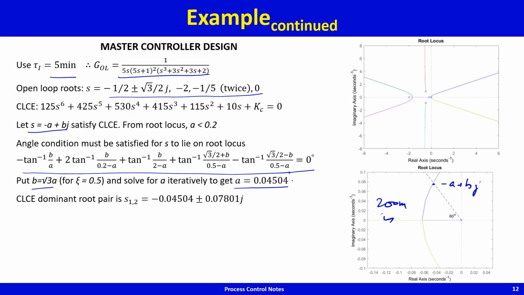The closed loop dominant root pair corresponding to a closed loop damping coefficient of 0.5 then is this chap, where this number is square root 3 times this number, and by magnitude condition we get Kc equal to 0.6323.